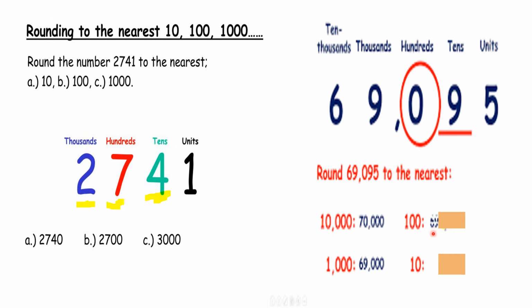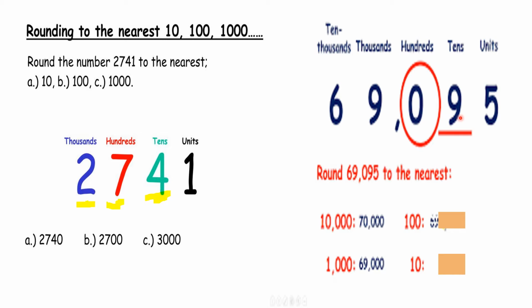Now if I just ask you randomly, what if I round 69,095 to the nearest 100, what would I get? Can you decide it for yourself? If I round it to the nearest 100, let's highlight the hundreds place, which is 0.